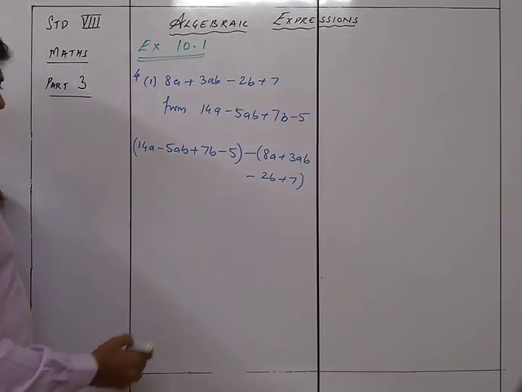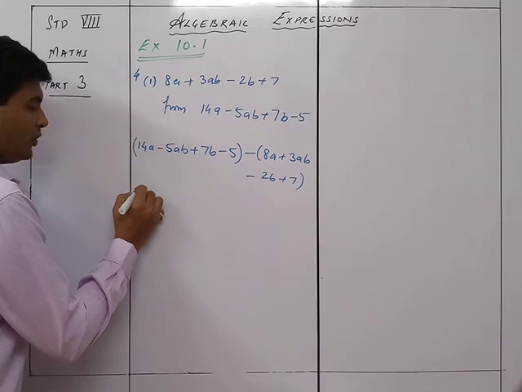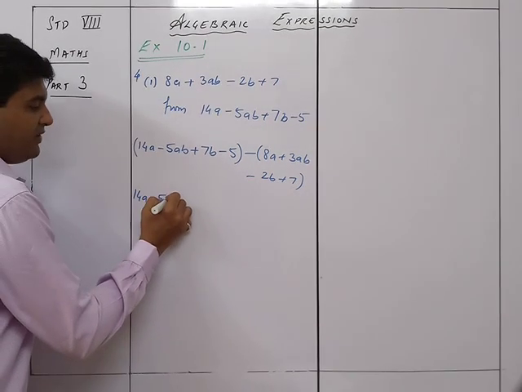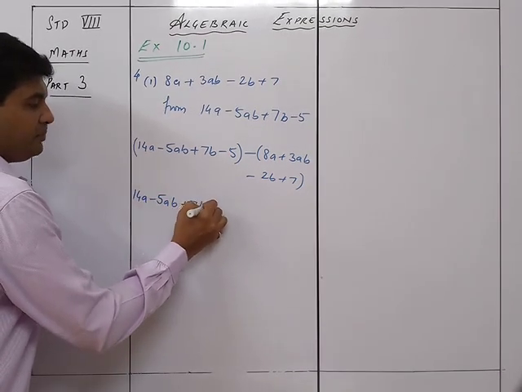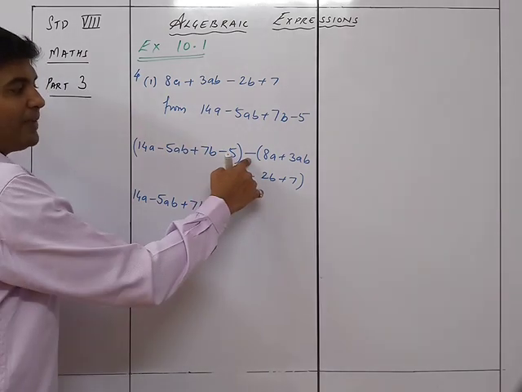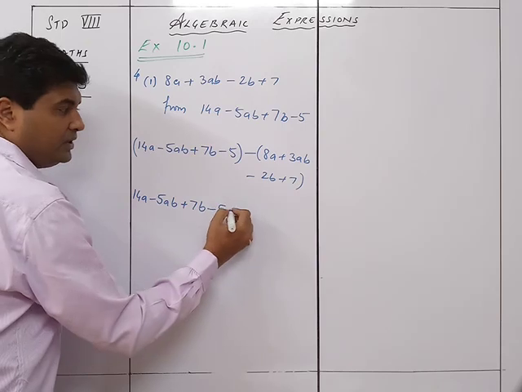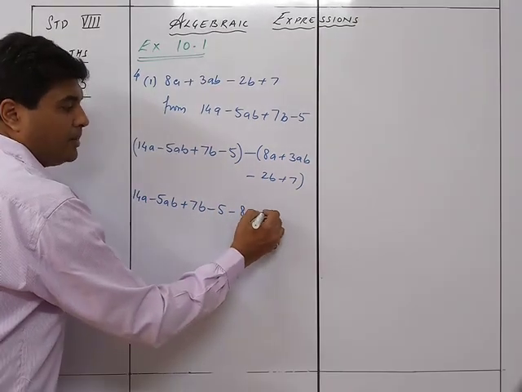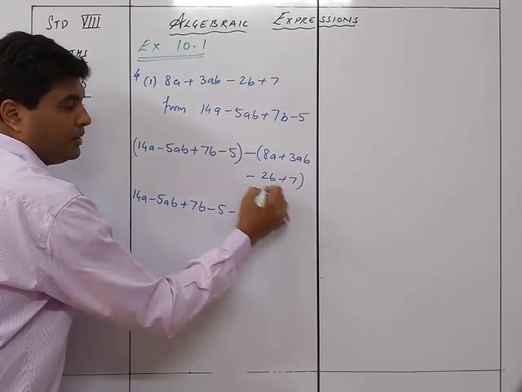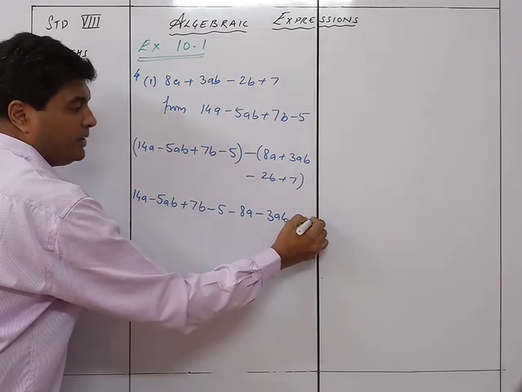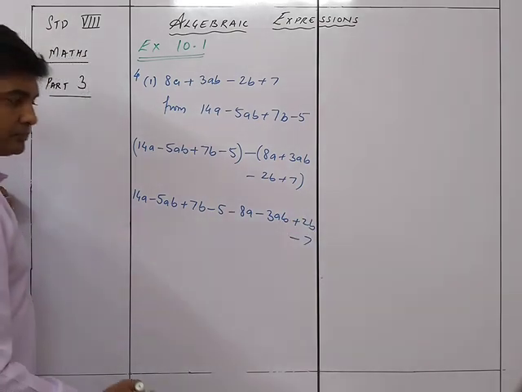Now I open the bracket, so we get 14a minus 5ab plus 7b minus 5. Because of the minus sign, you will change the signs of each and every term: minus 8a minus 3ab, minus becomes plus, so plus 2b minus 7.